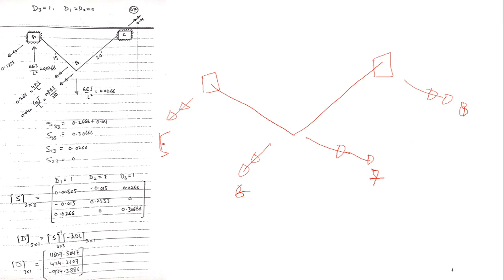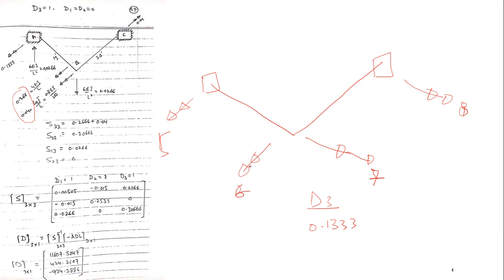Now, this is my reference member or reference structure. For D3, I have got 0.133, and it is the same as that. So I am constructing this column. It comes out to be 0.133. Here, corresponding to 6, I have got these two values.